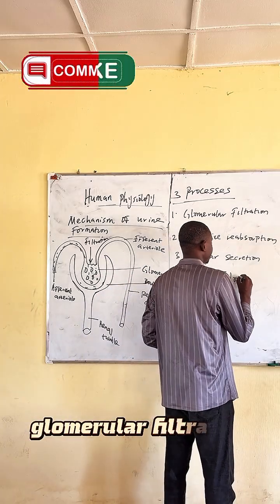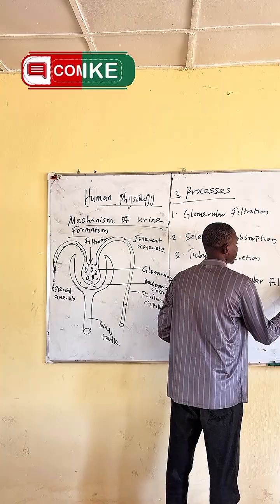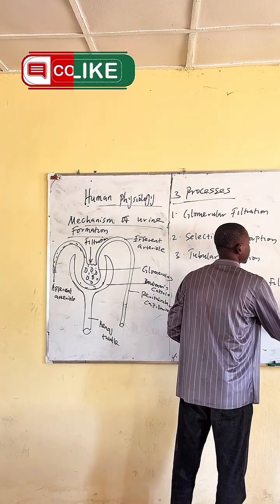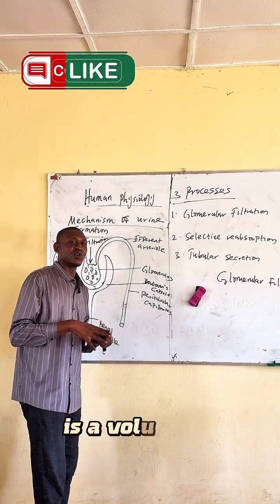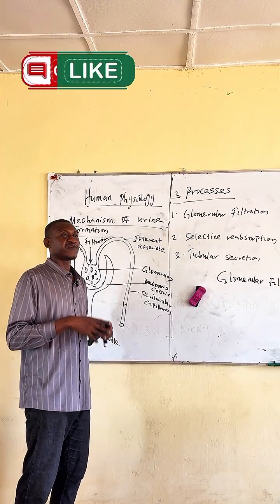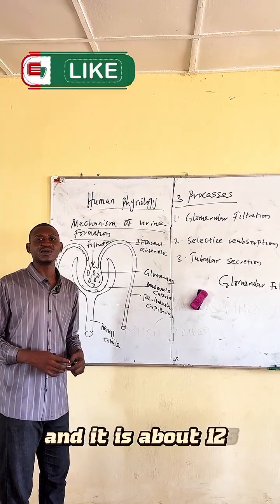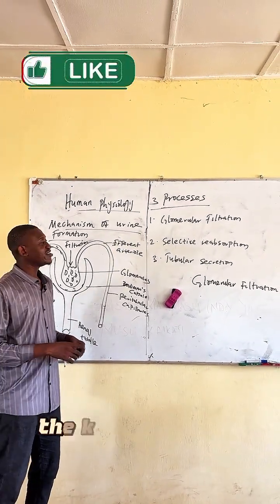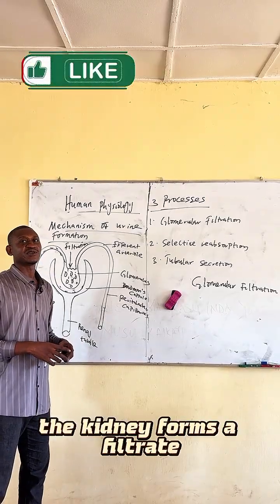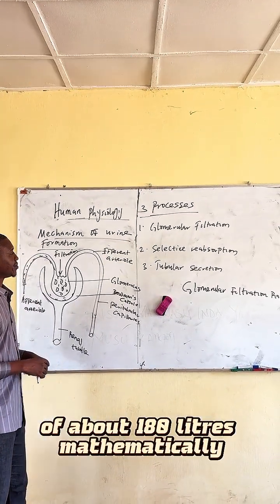Glomerular filtration rate is the volume of filtrate formed by both kidneys every minute, and it is about 125 ml per minute. So in a day, the kidneys form a filtrate of about 180 liters mathematically.